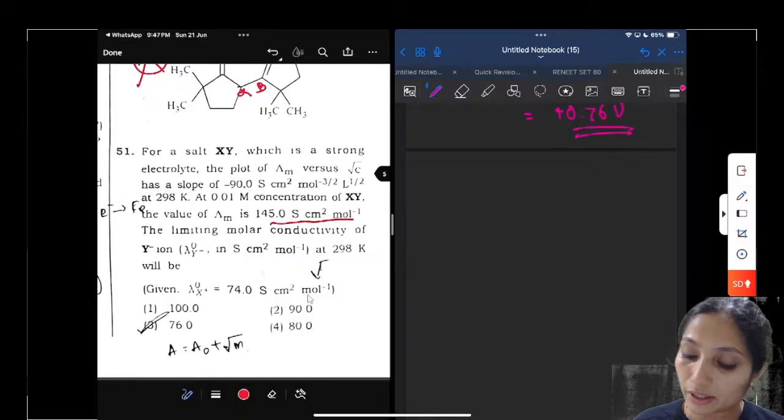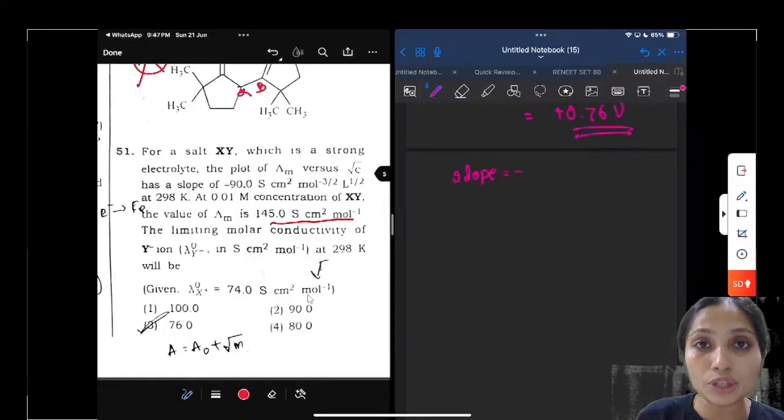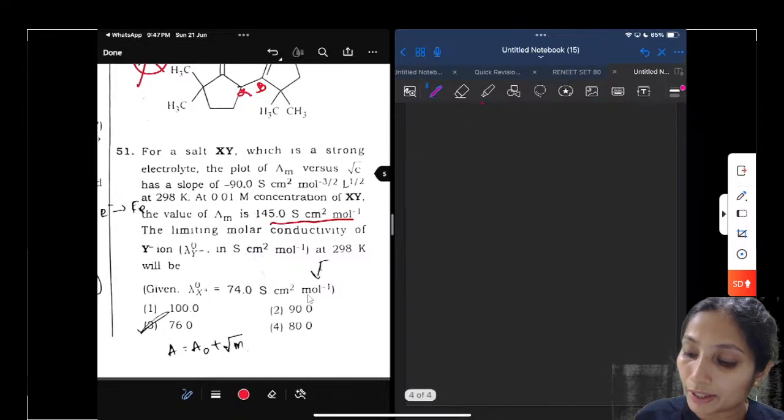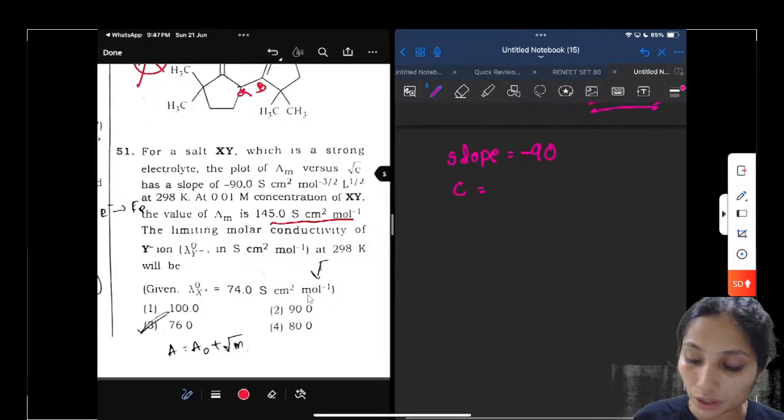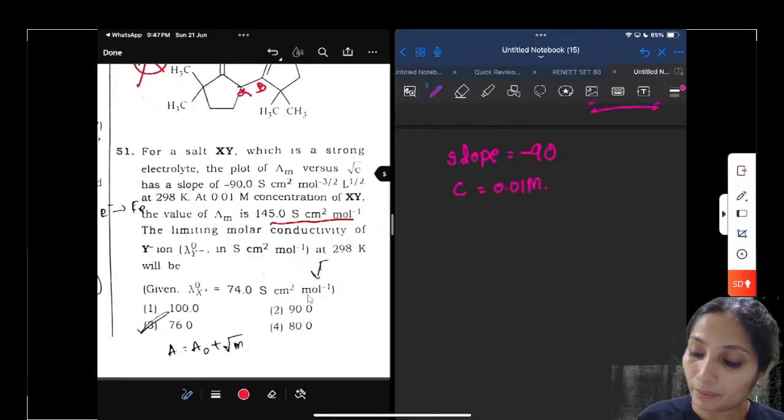So what all is given here? Slope is given: slope is equal to minus 90. Concentration is given: 0.01 molar, and lambda m is equal to 145.